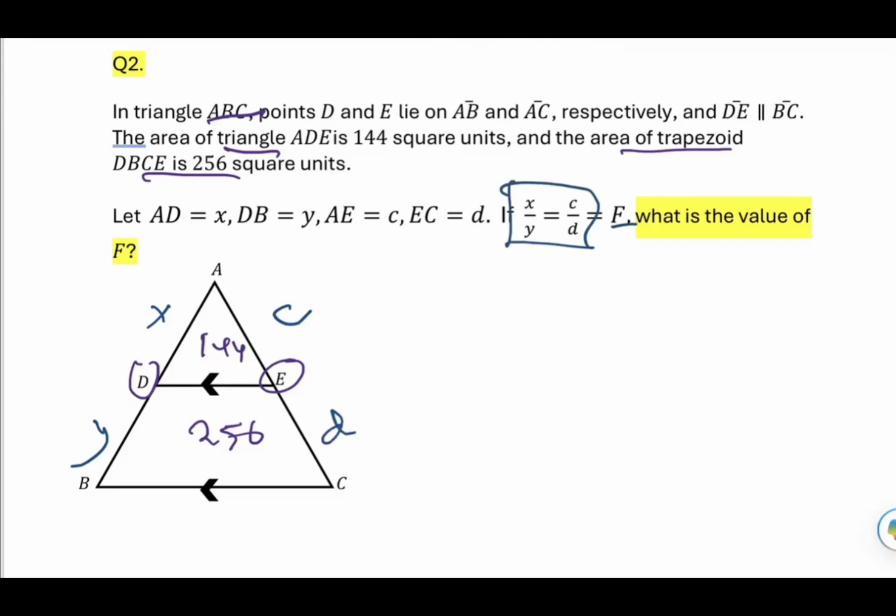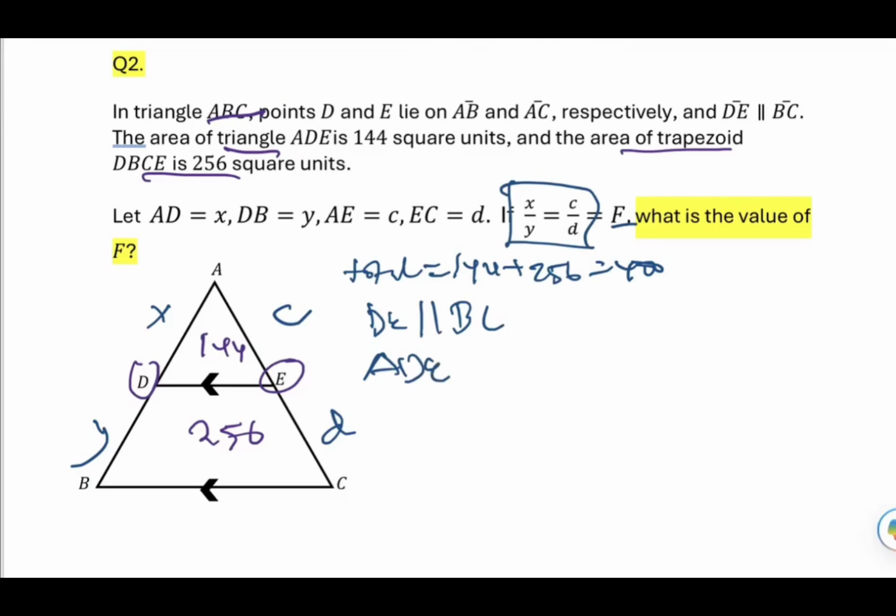What would you do? Well, I know the total area of the whole thing is 144 plus 256, and this will give me 400. I also know that DE and BC are parallel. DE is parallel to BC. That means this triangle ADE is what? Similar to ABC.